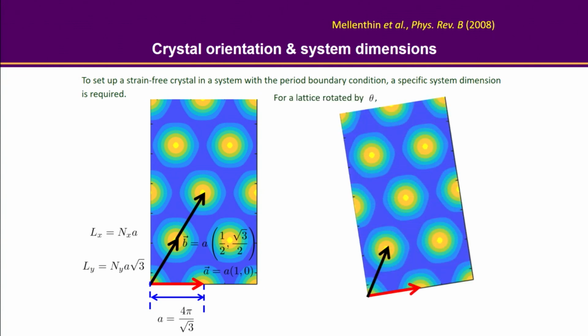Just to give you a solid example, here is a solid rotated by theta, which means I just rotate the lattice on the left by an angle theta. But my simulation domain is still a rectangle. So I need to figure out along the x direction what the new system size should be and what the new dimension in the y direction will be.